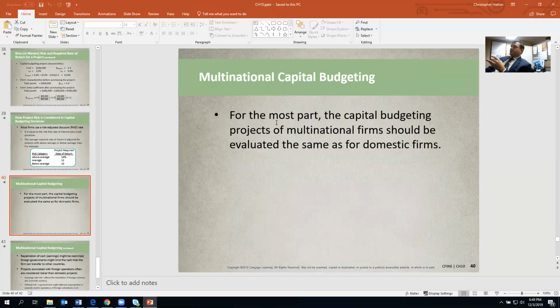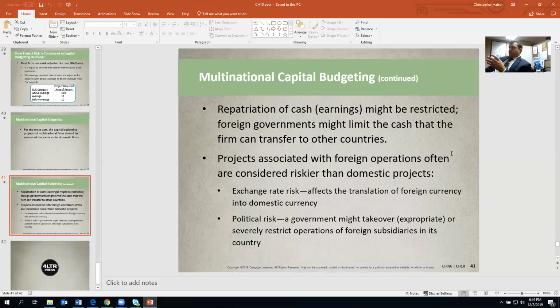Capital budgeting projects of multinational firms should be evaluated the same as domestic ones, and you want to include translation of foreign currency into domestic. That's your exchange rate. And then a government might take over, which we've seen with some oil and automobile companies in Venezuela.